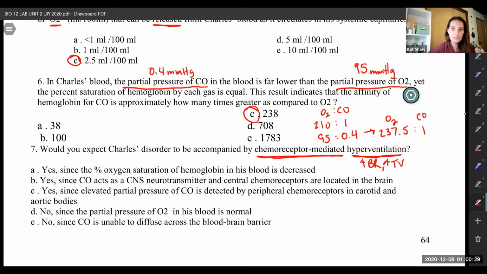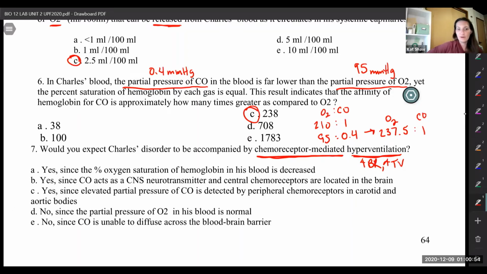Those are the functions. And in response, the medulla oblongata can utilize that information to say partial pressure of oxygen is much too low. If it's below 60 millimeters of mercury, that's when we generally see this hyperventilation begin, with the medulla oblongata respiratory center triggering that increased breathing rate and depth of breathing.